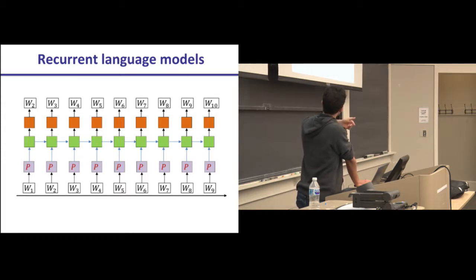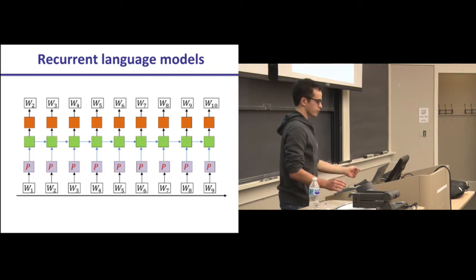So you project them to an embedding vector that represents them. You feed these vectors to the RNN, and on the output you apply another linear layer and get scores over your whole vocabulary, and you use these scores to do cross entropy to predict the output words.